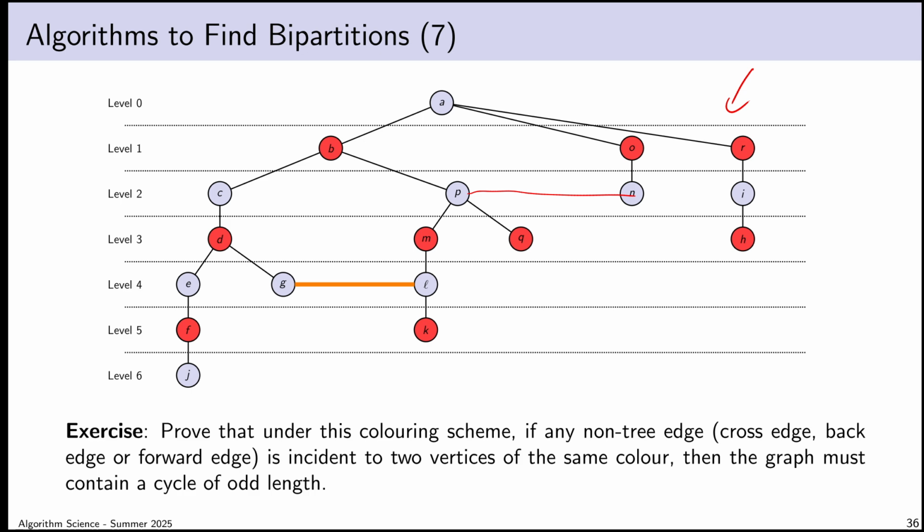That's the property we know about trees. So there's always going to be cycles created by non-tree edges. The point of this proof is to show that the particular cycle created by a non-tree edge between two vertices of the same color must always have odd length. And I've already given the hint that maybe interpreting the coloring as being based on the parity of level numbers, so odd levels are red, even levels are blue, might make that a little bit easier to prove.